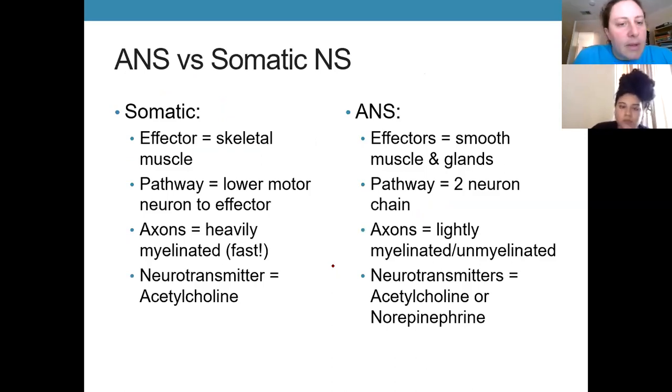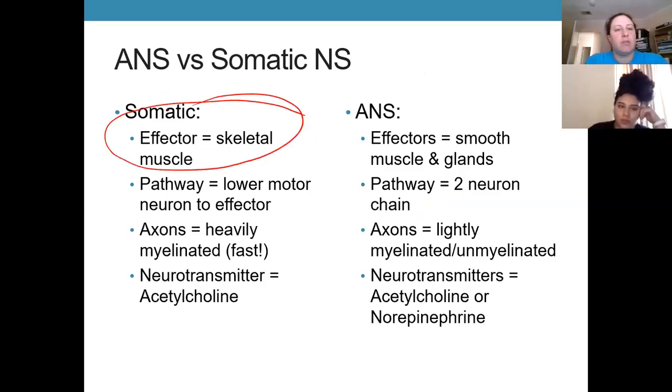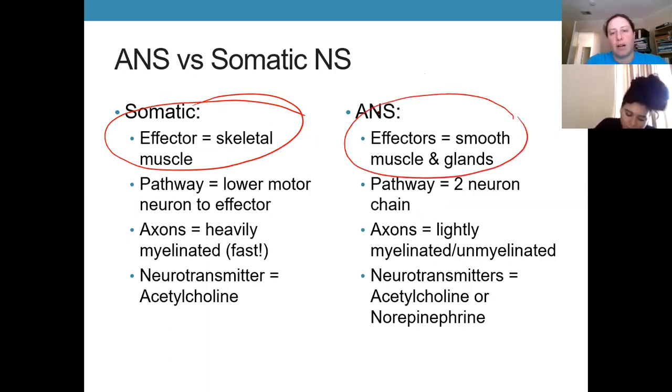So when we look at the autonomic versus the somatic, the major difference is, of course, the effectors. So the somatic is how we control the skeletal muscles, and of course, everything else is controlled by the autonomic nervous system. As we're going to see today, the motor pathways are actually a little bit different too.